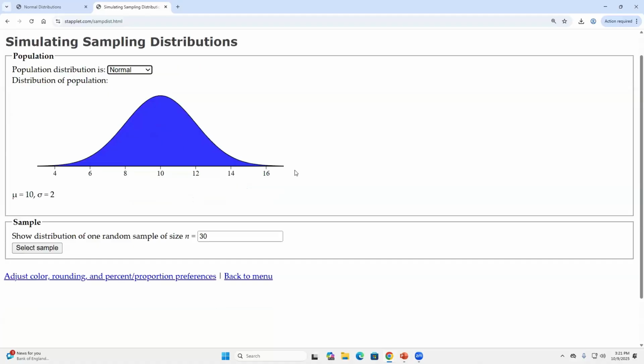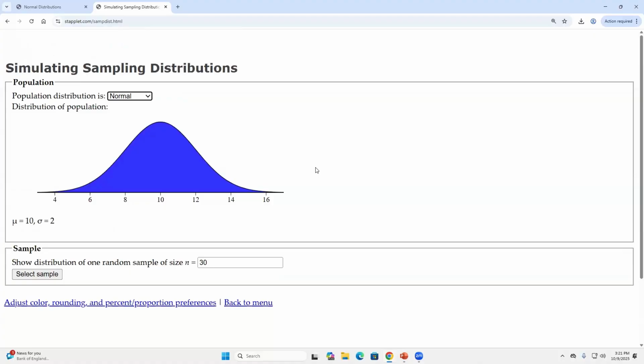The last thing that I'll mention before we leave the idea of simulating sampling distributions is that one of the things that trips up students the most, I alluded to this before, I'll mention it again.